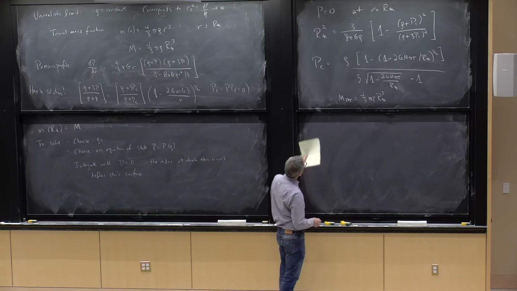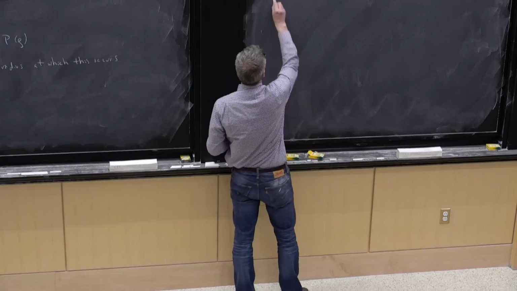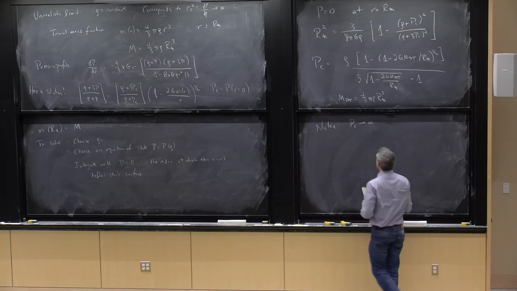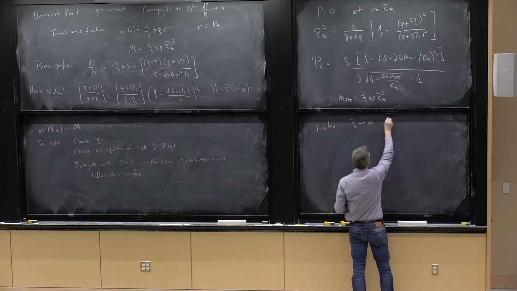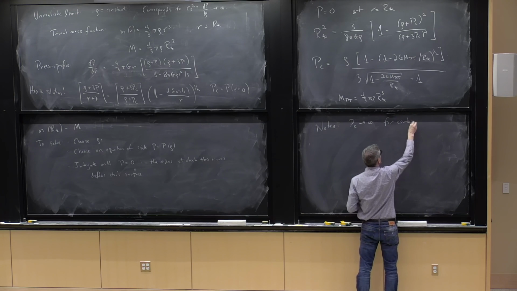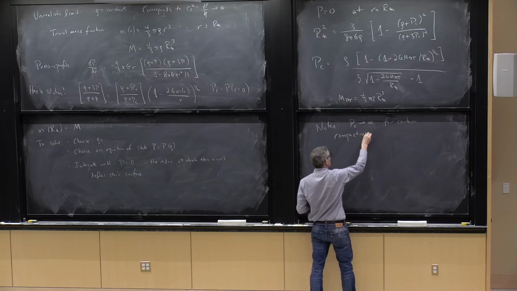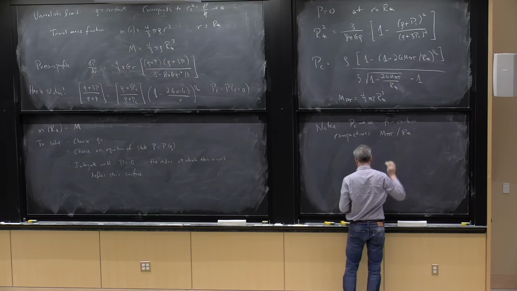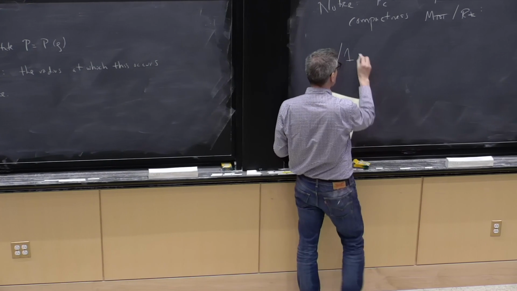Notice that this formula for the central pressure diverges for a particular compactness of the star. So P sub c goes to infinity. Perhaps a little more easily to see, the denominator goes to 0 for a certain compactness, m over r. So let's look at the value at which the denominator goes to 0.